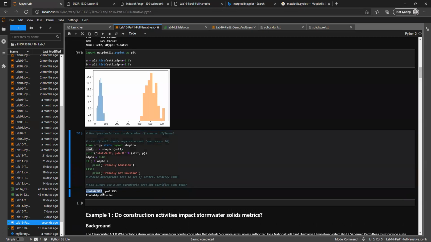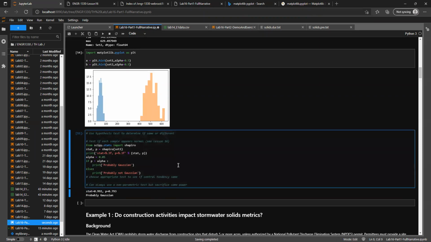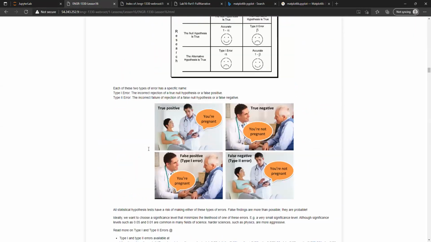What does a stat of 0.992 mean? Well, if we don't know, we can go look. What does a hypothesis test let us do?